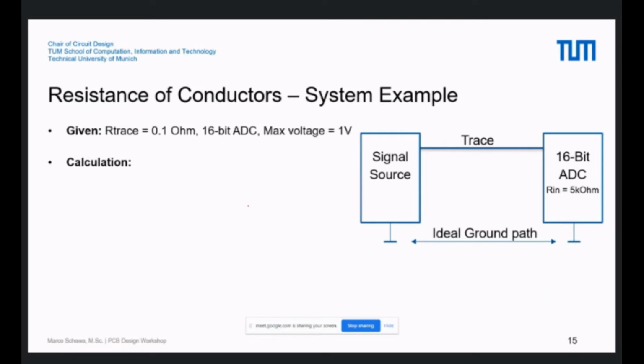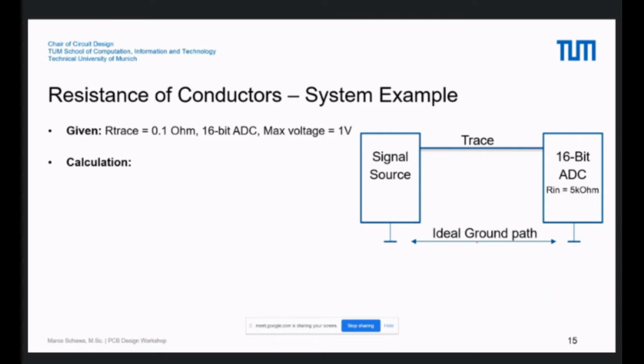So now let's do a system example for a precision measurement. If you have a signal source that gives a 1 volt peak-to-peak signal, you have here a trace, the same trace as we calculated before, and we have here a 16-bit ADC with an input resistance of about 5 kilo ohm. And let's assume we have an ideal ground path.